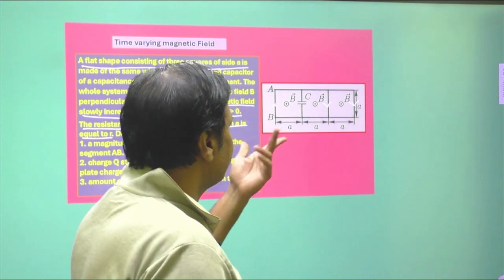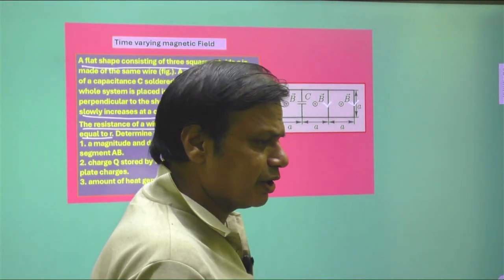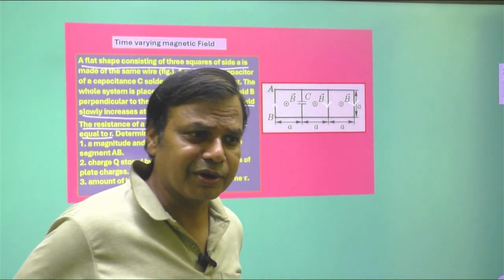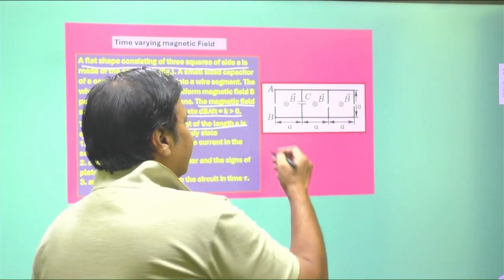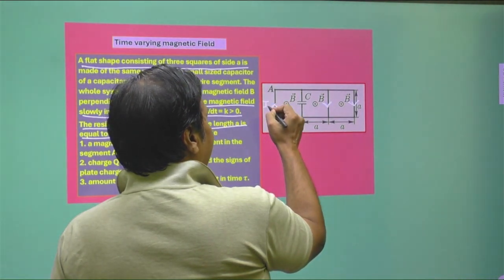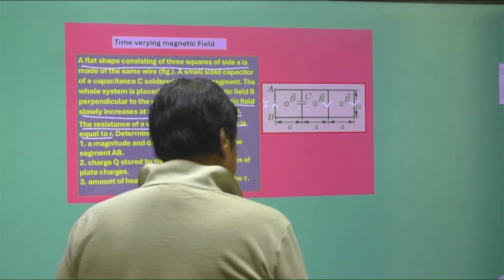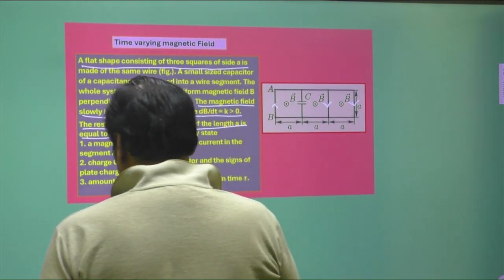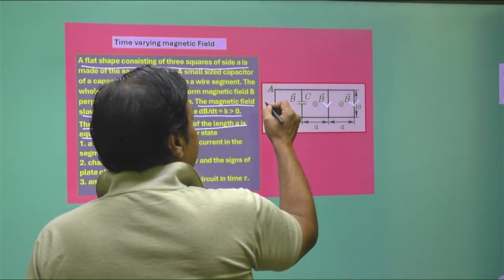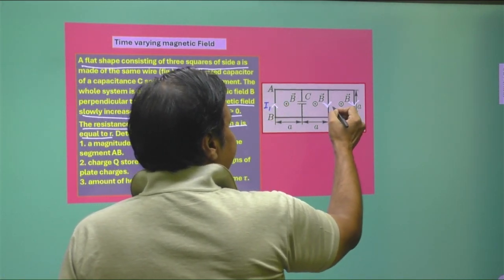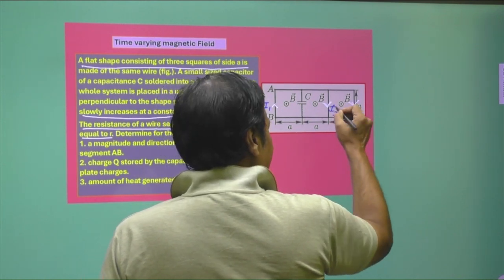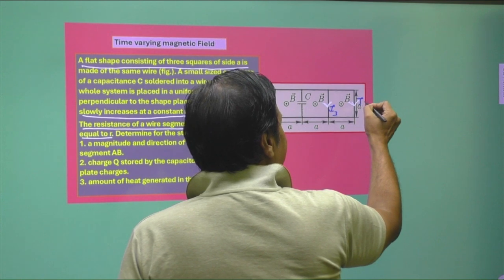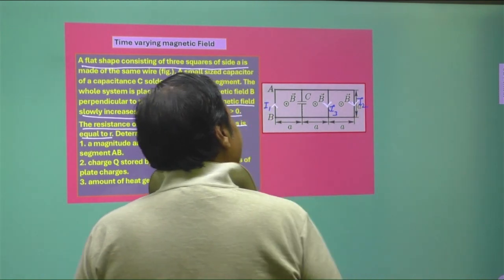When we don't know something, we just assume a particular direction. I'm going to name this current I1, and this current I2, because I3 is confusing.